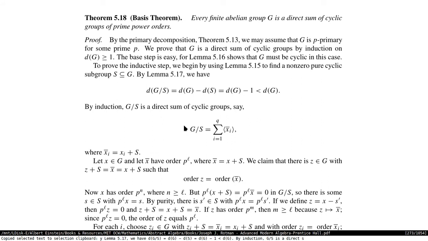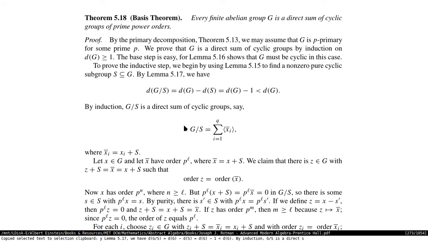So there is some s such that p to the l x is equal to s, right? Because p to the l x bar is 0, p to the l x must be equal to some s. Now, by purity, there is some s prime such that p to the l x is equal to p to the l s prime.